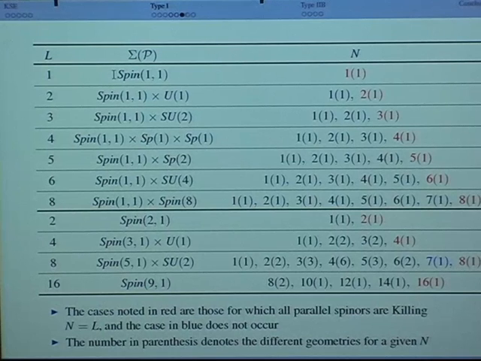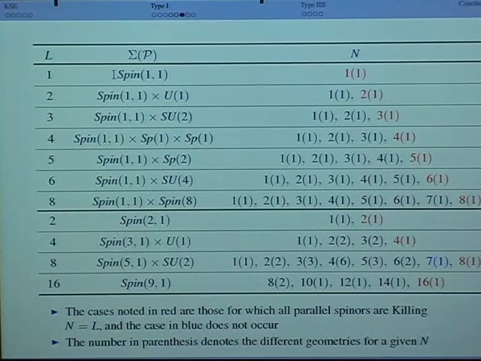But if we go to other cases, for example in the Sp(2) case, there are 3 potential parallel spinors, and there can be 3, 2, or 1 Killing. What appears inside the brackets is the number of different geometries that one gets for a given n. For all the non-compact cases, there is one single case for every entry. But for the compact cases, the situation is much more complicated.